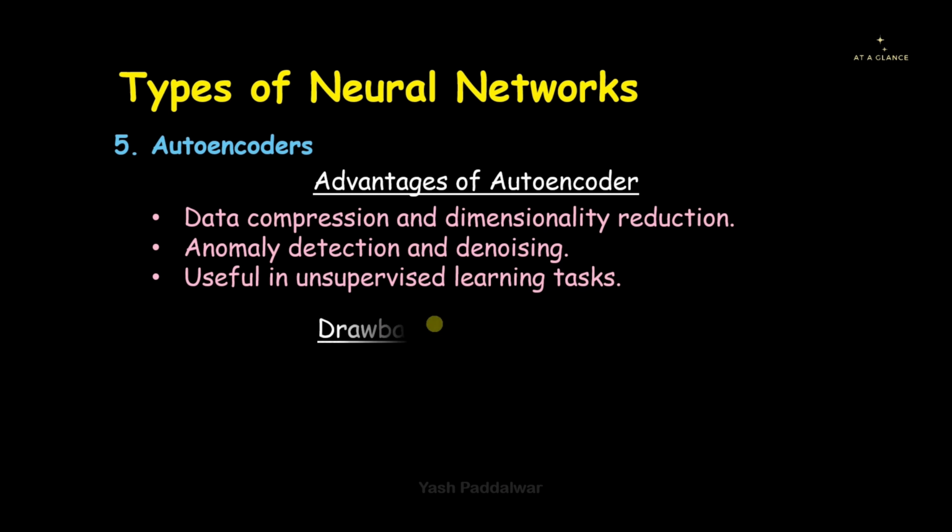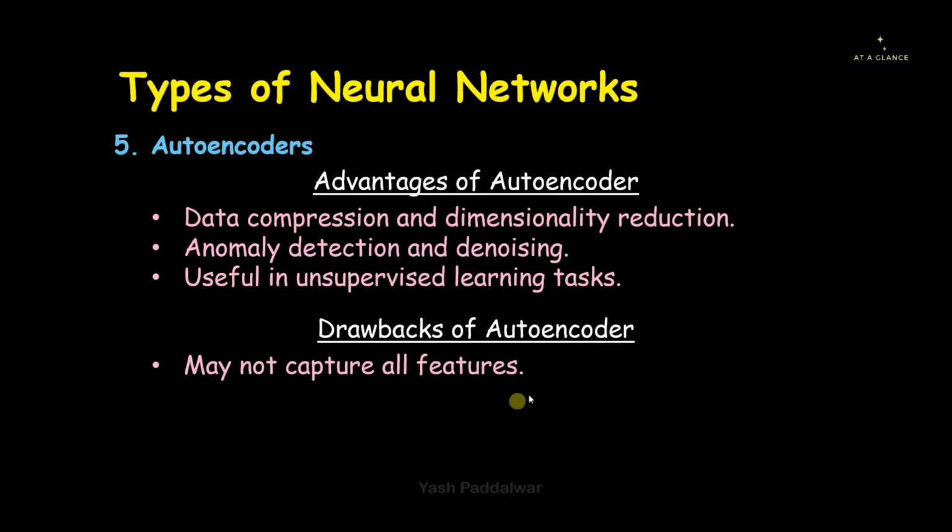Now let's have a look at the drawbacks of autoencoders. So the first drawback of autoencoders is that they may not capture all the important, relevant features from the image or any unstructured data that is provided to them. So this is one of the drawbacks. Now the next drawback is that they are sensitive to noisy inputs.